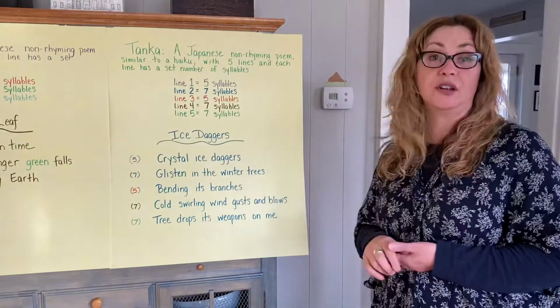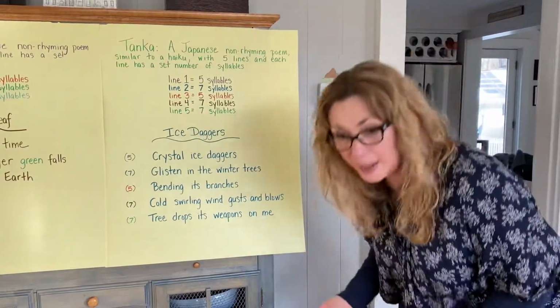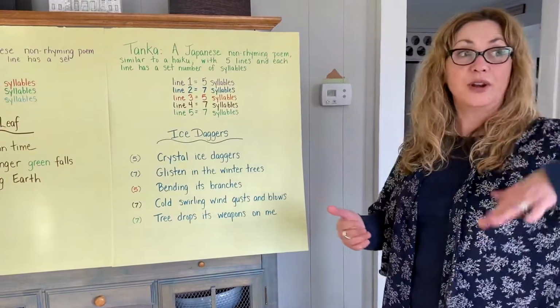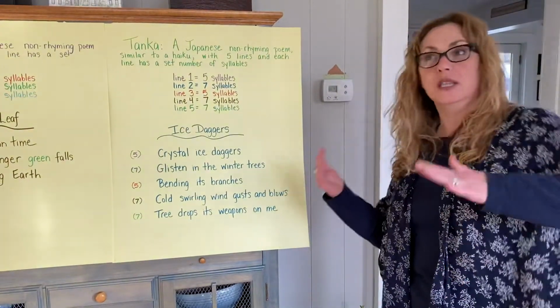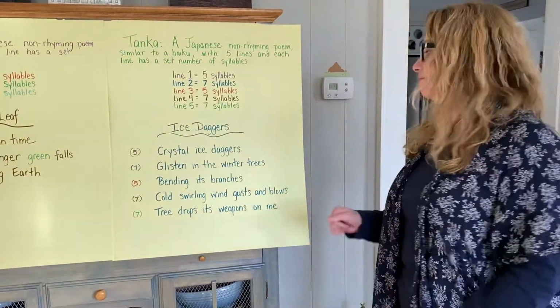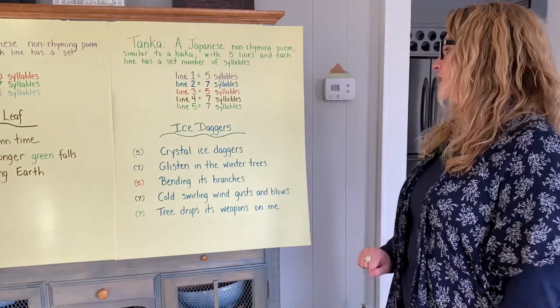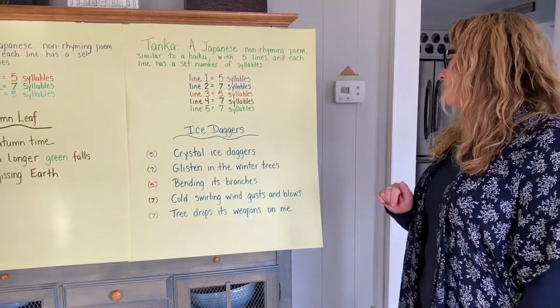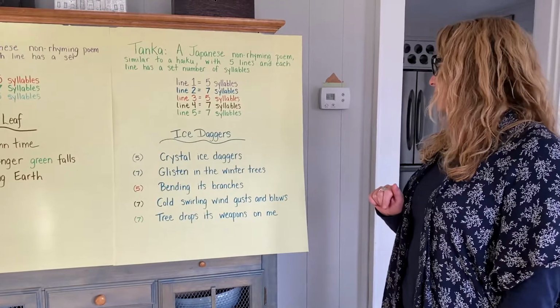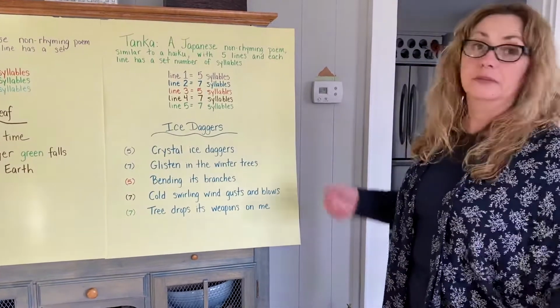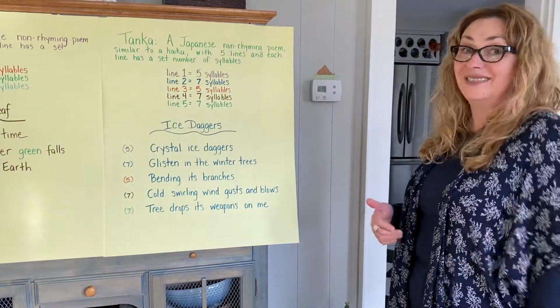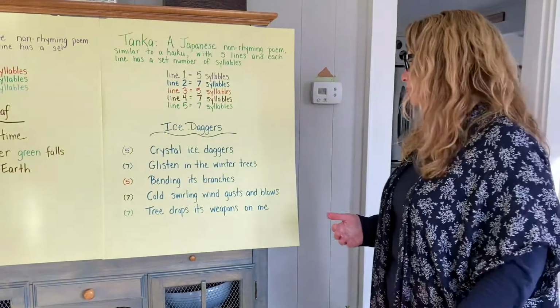That's a little bit of personification, isn't it? Trees can't bend. I mean, their branches maybe can bend in the wind, but I would say that's personification. Cold swirling wind gusts and blows. That wind does that anyway. That has nothing to do with being human.